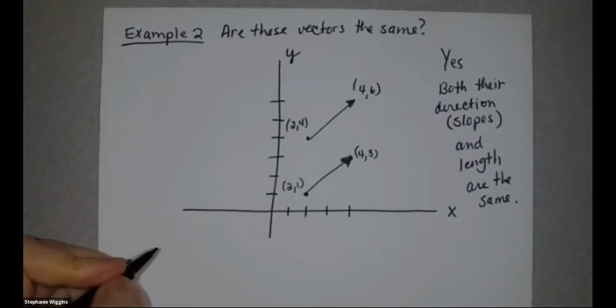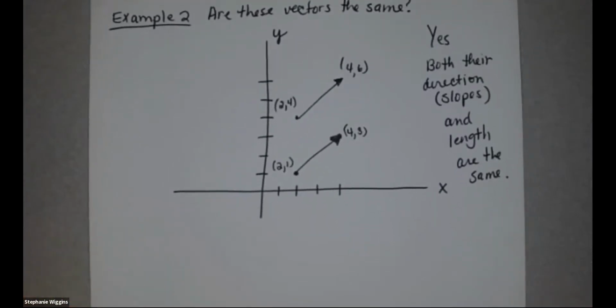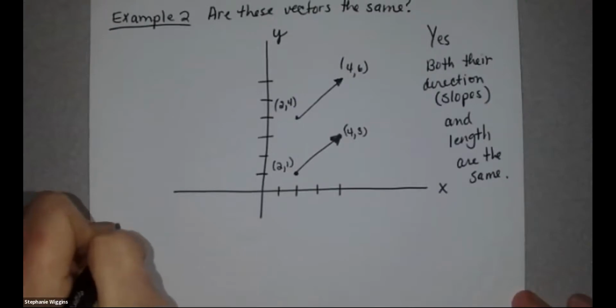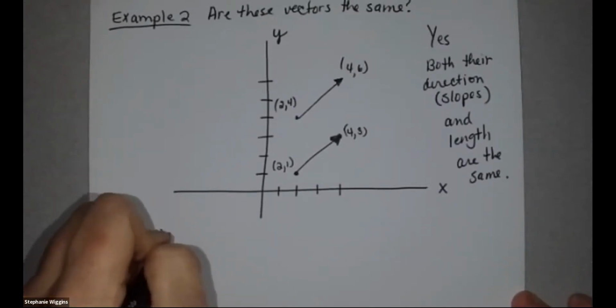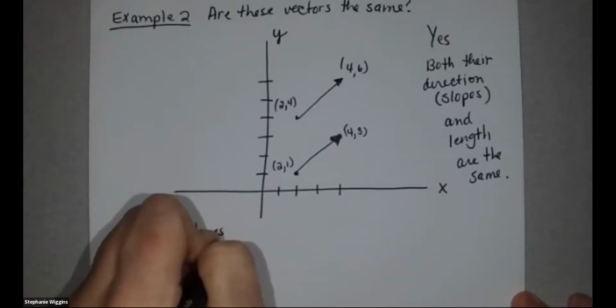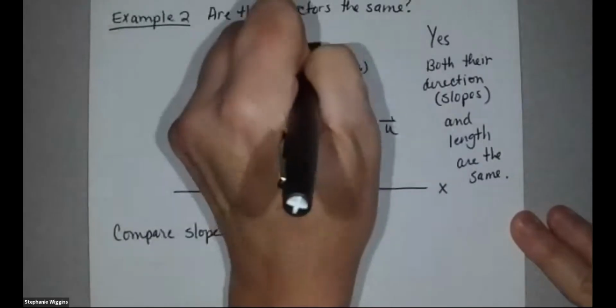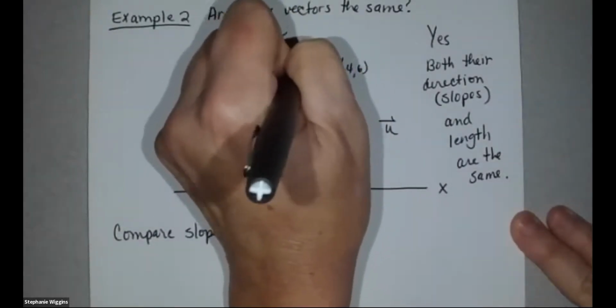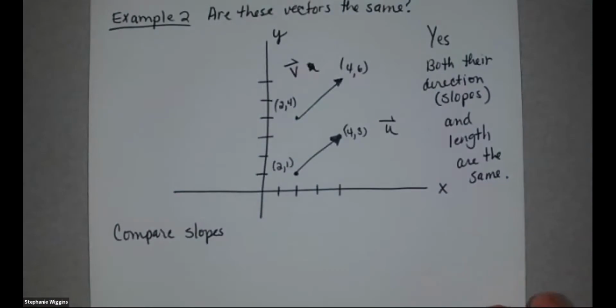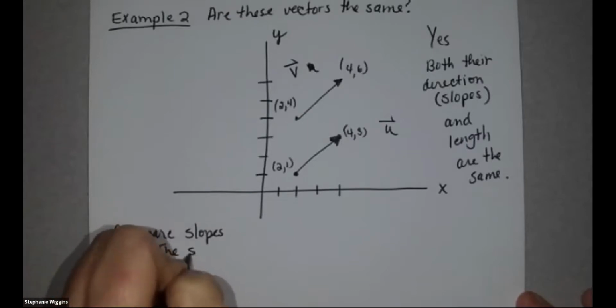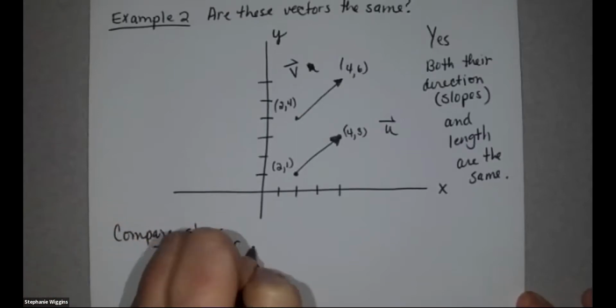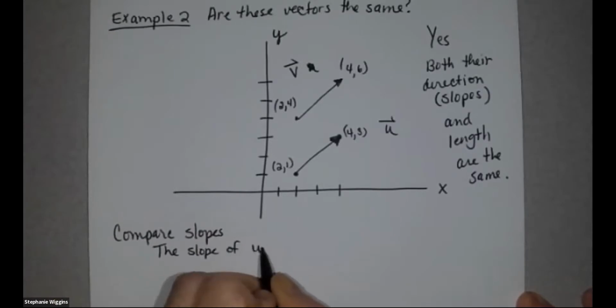And you can just see, to calculate their slopes, so this is U, let's call it, and we'll call this one V, U and V. And notice that the slope of U is, now order matters when you're doing slope, right?